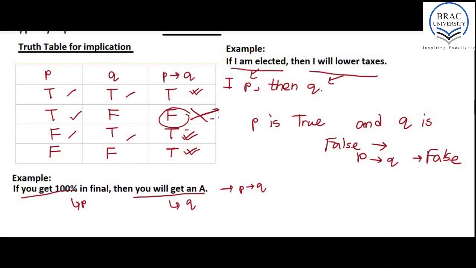Okay, so in this case this is false and all the others are true. I hope you understand this. So you have to remember that if P is true and Q is false, then P implies Q is false. Okay, so I think you understand.